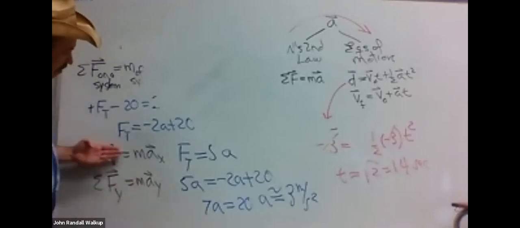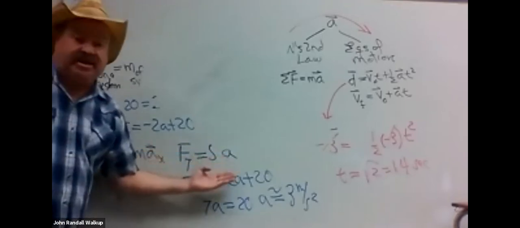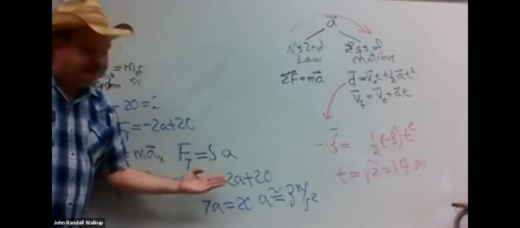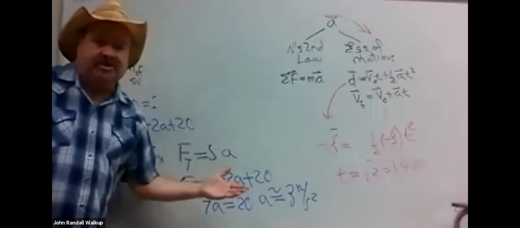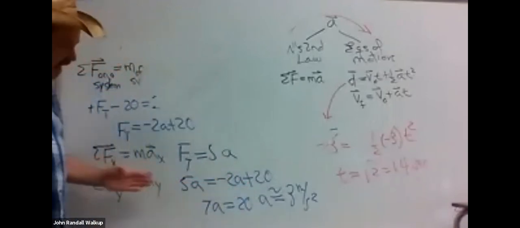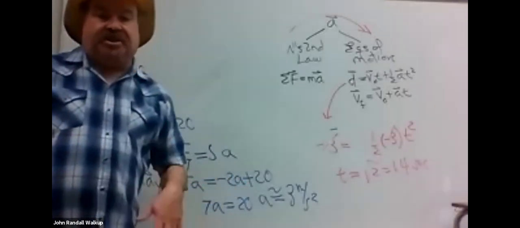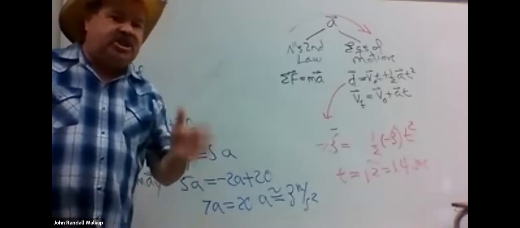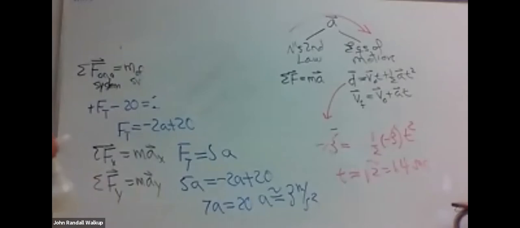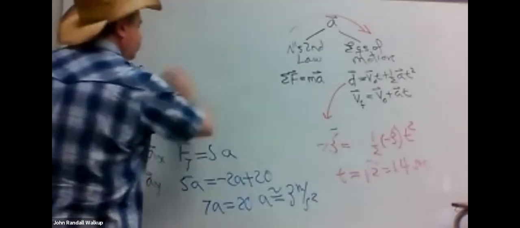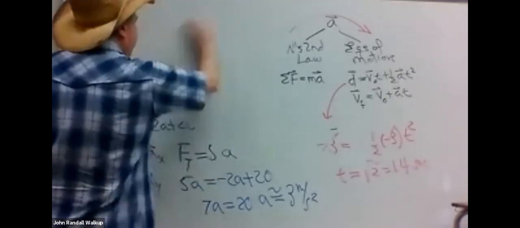When I vector sum of the forces on the x, I ended up getting the acceleration. Well, I got the F of t equal 5a, I can substitute and get the acceleration. Okay, so in this case, we didn't need a vector sum of the forces in the y direction. When you have frictionless systems, that often happens. When you have friction, that rarely happens.